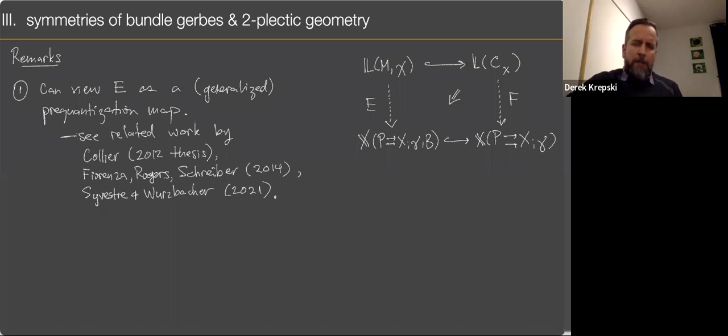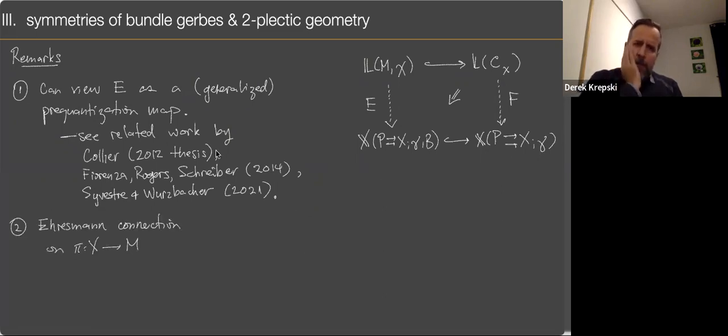And prequantization because if you think of the analogous thing one degree lower, this would be like the Lie algebra of observables on a symplectic manifold, and then this guy on the bottom would be like the vector fields on a principal S1 bundle whose curvature was the symplectic form. So this would be a prequantization map in that context. And so this is like a higher version of that.